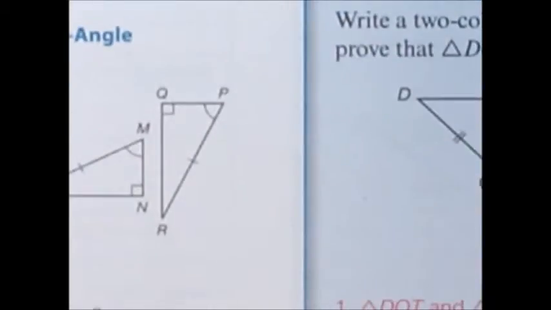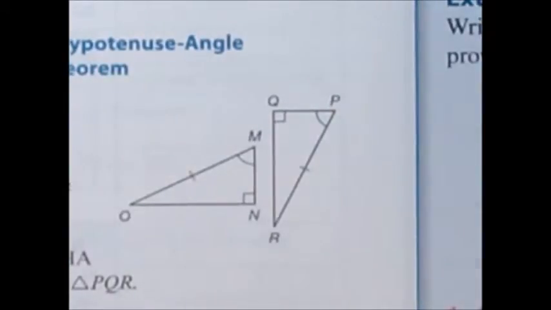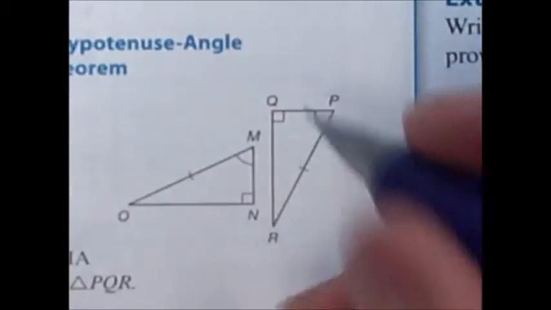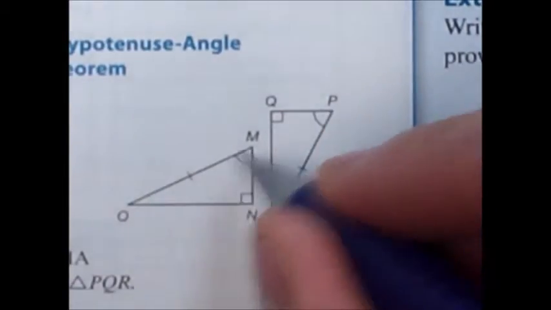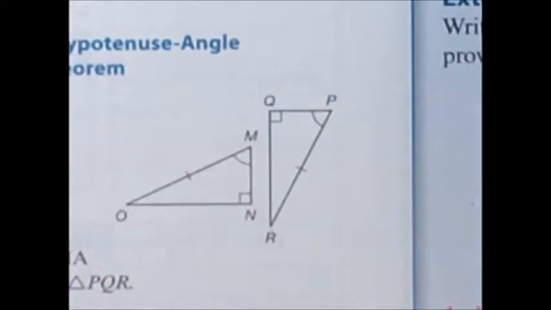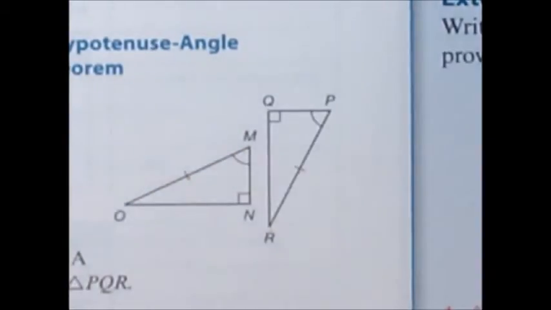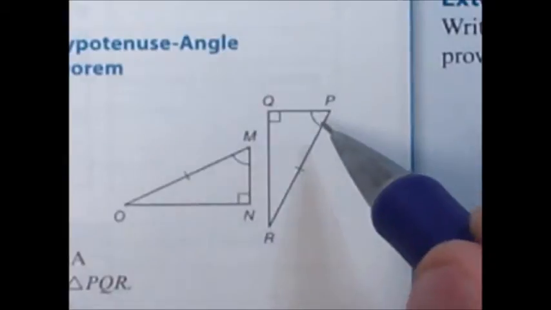On example 2, I'm going to say it out loud and then we'll write it down. To prove these two triangles congruent, we need a hypotenuse and an angle, or a leg and an angle. They already stated that PR and MO are congruent, and they are both hypotenuses. Wait, you wouldn't have needed that other angle? I need P because I have to have hypotenuse and angle.